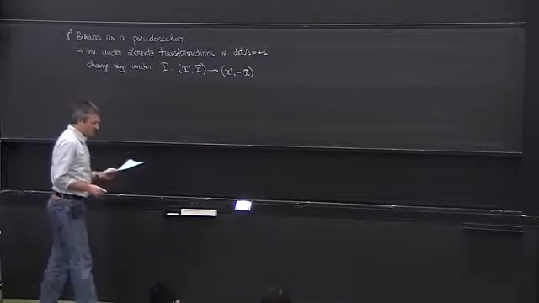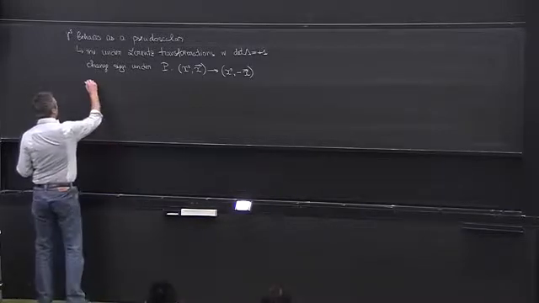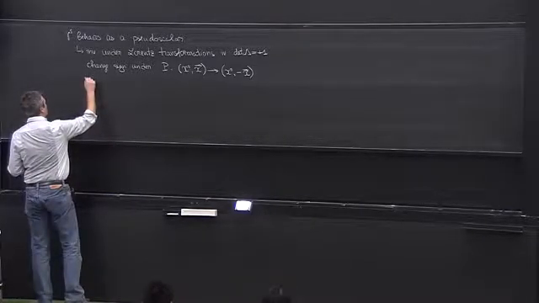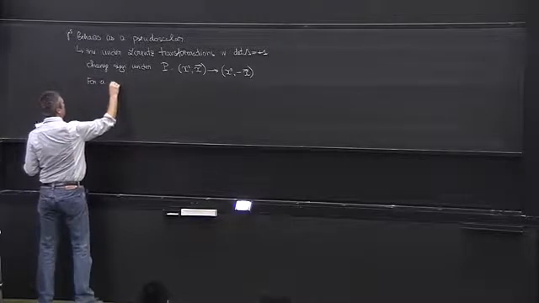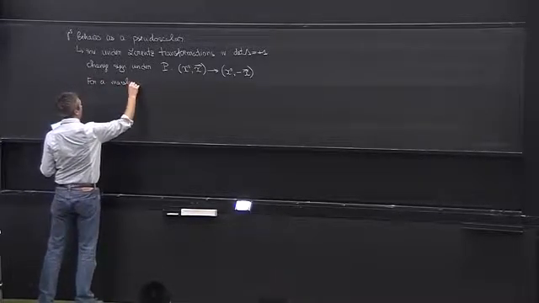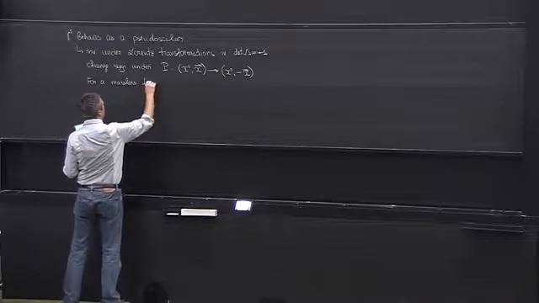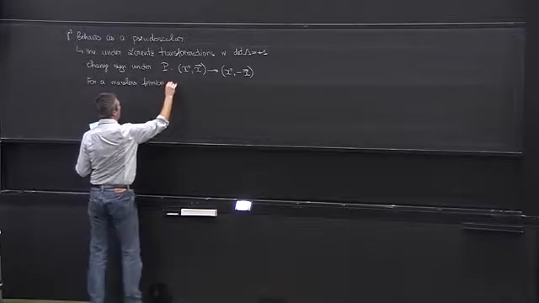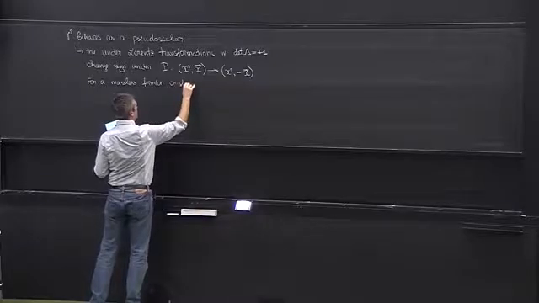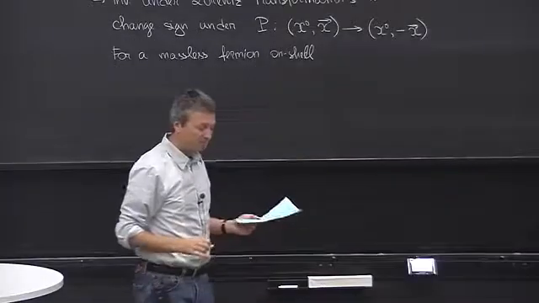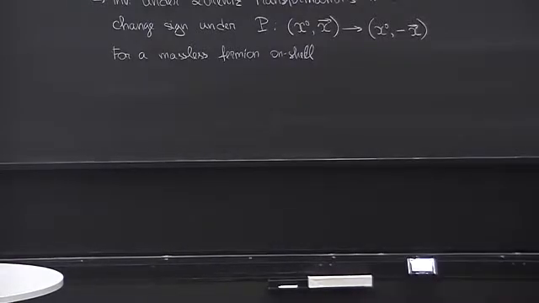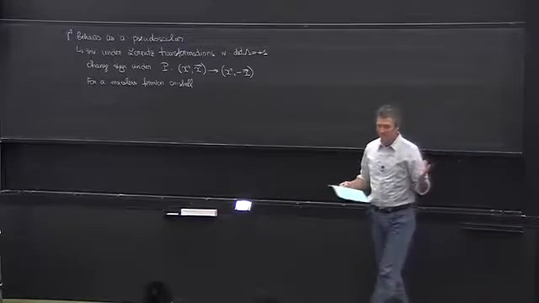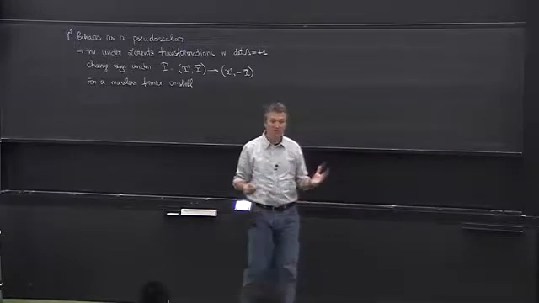Moreover, for a massless fermion, on shell, meaning it satisfies the Dirac equation, the left and right components live independently.